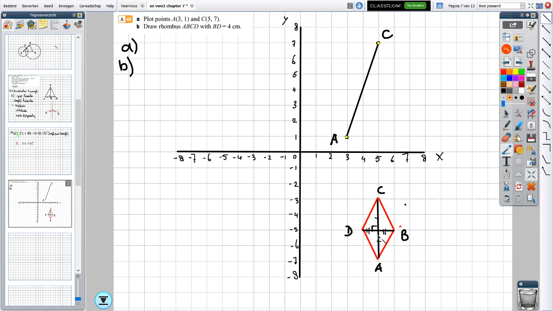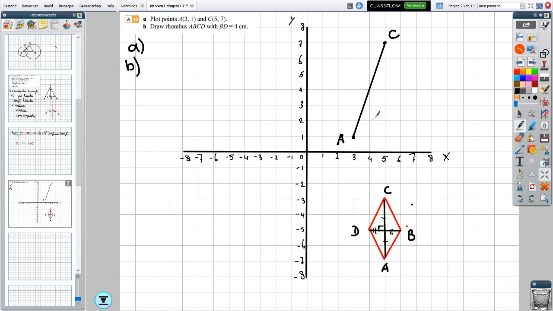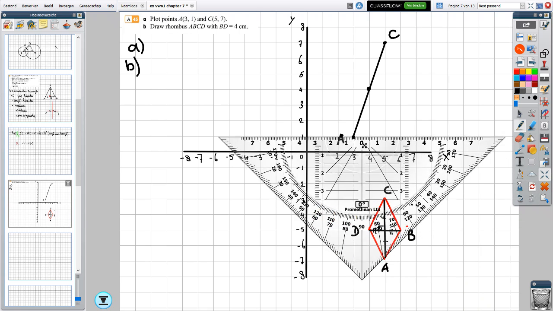The line segment from A to the midpoint here is the same as from the midpoint to C, which means that if I measure this or take a look at the grid spaces, I know this is the midpoint of AC, right?